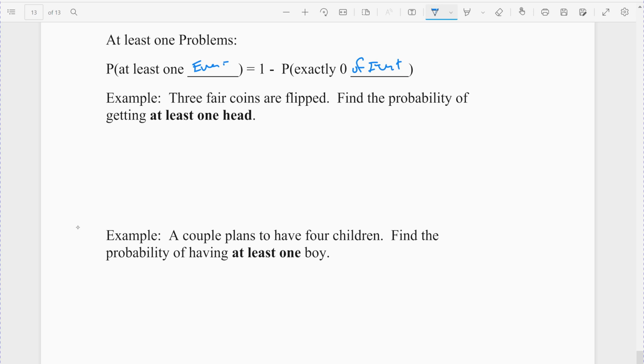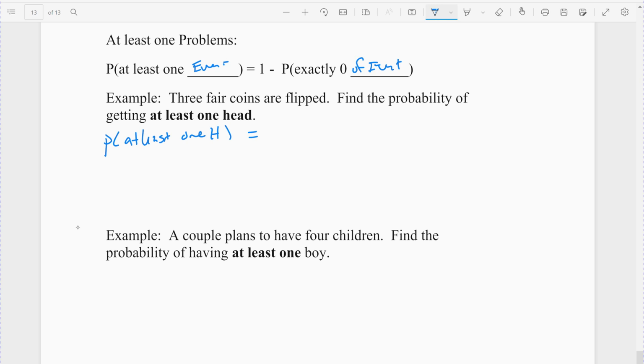Because the at least 1 would mean I'm going to get 1 or 2 or 3 or whatever, however many groups there are. And so to do an example, I'm going to flip a fair coin, find the probability of getting at least 1 head. So, probability you get at least 1 head. Well, that would be 1 head, or 2 heads, or 3 heads.